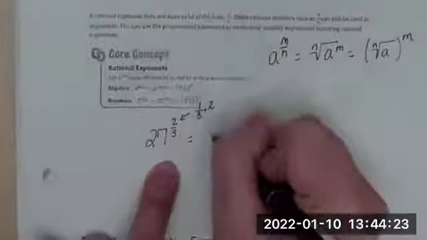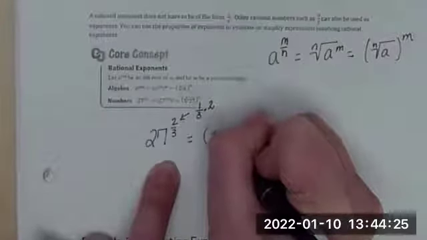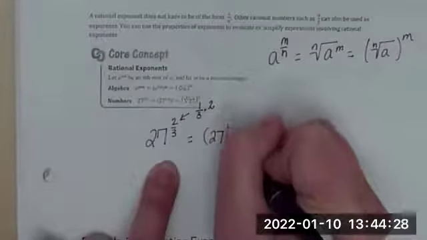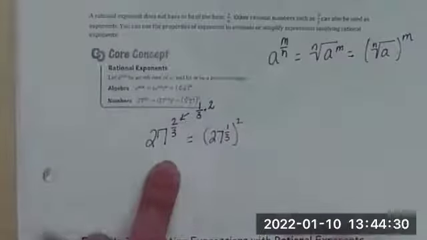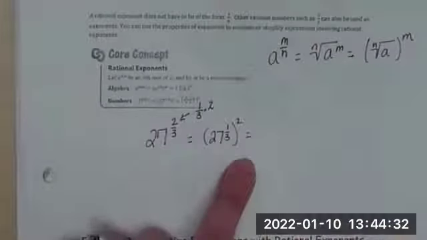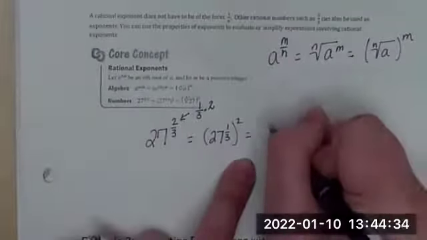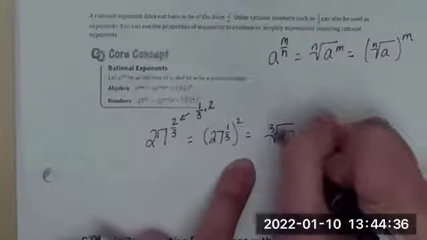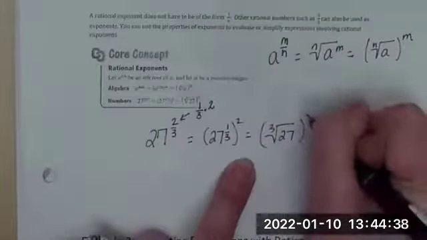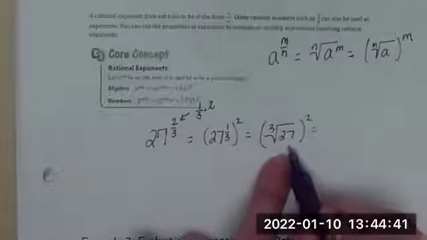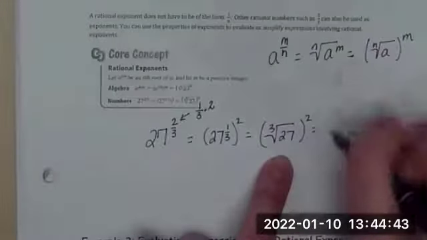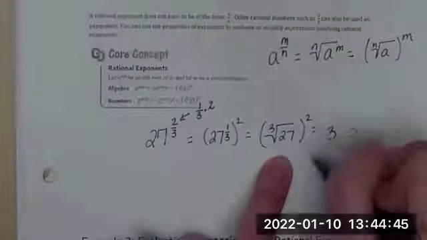So how would I rewrite this? Well, I could rewrite this as 27 to the 1/3 times 2, which is the same as the cube root of 27 squared. Well, the cube root of 27 is 3.